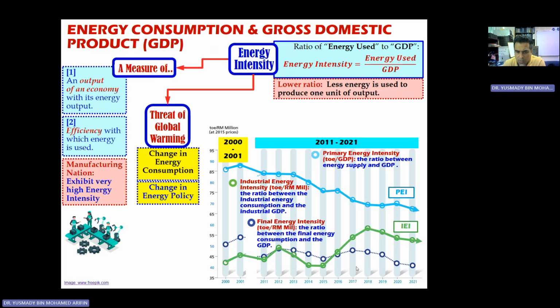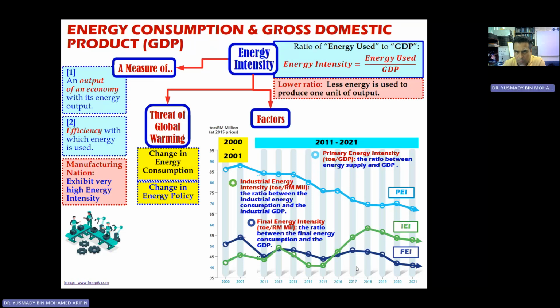The last one is the data for the final energy intensity, which means the consumption of energy for a number of sectors in total. The final energy intensity represents the ratio between the final energy consumption and the GDP. You can see the trend of the ratio is decreasing, so this trend shows a good indicator for energy consumption.